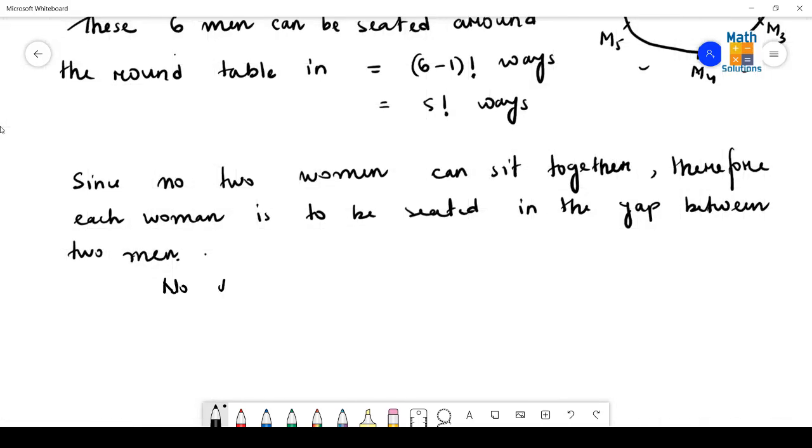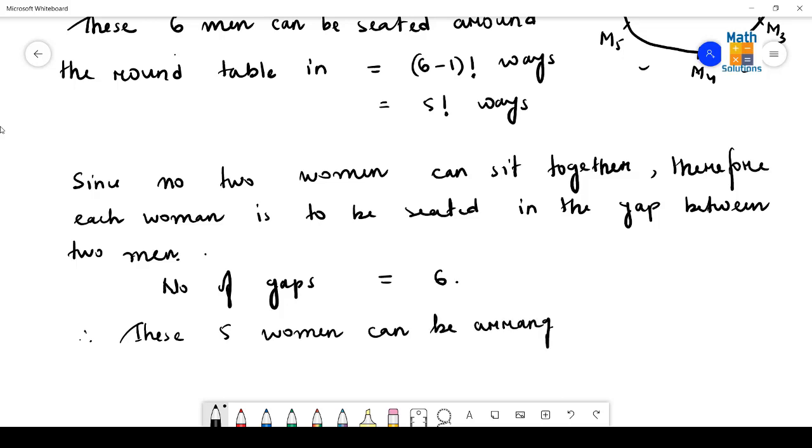Number of gaps is equal to 6, and in these 6 gaps we are to arrange 5 women. So in how many ways is it possible? Therefore, these 5 women can be arranged in how many ways? Of course, permutation we shall be using, means amongst these 6 gaps we use 5. So in 6P5 ways we can do this.